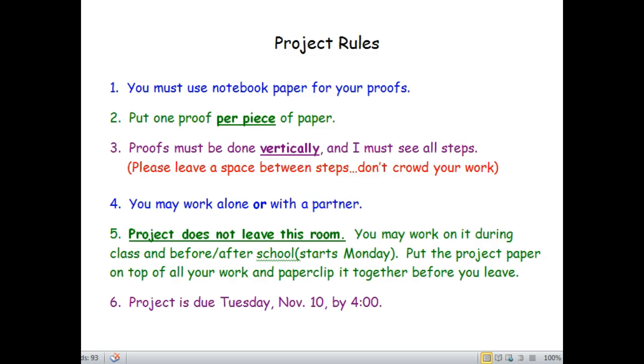It would be your right side of the room. If you turn around, you can see them. They all have numbers for your class periods on them. That's where you're going to be leaving your stuff every day. But on Tuesday at 4 o'clock, I'm going to walk back there and pick up the projects and grade them.